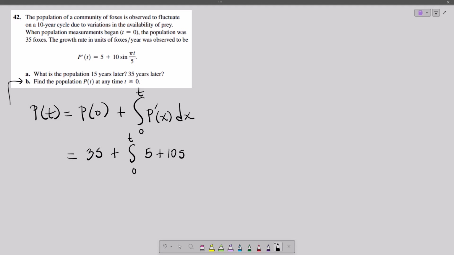which is 5 plus 10 times sine. I'm going to rewrite this coefficient, this angle, a little bit differently. It's a little easier to take a derivative when the coefficient looks like a coefficient.